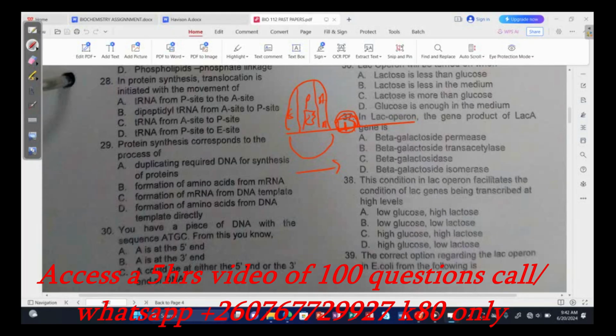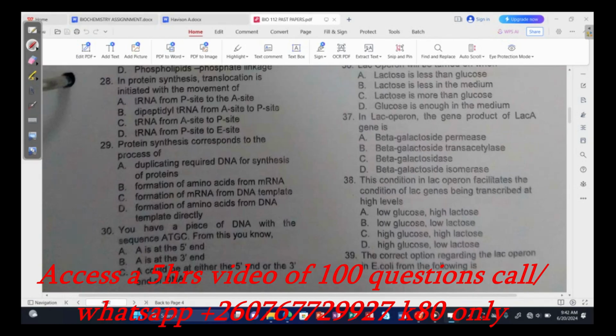This transfer RNA, which has already delivered an amino acid, is now going to find itself in the E site. Hence, it will leave the ribosome through the exit site. That is translocation. The ribosome will move one codon forward, thereby allowing the uncharged tRNA, which has already delivered an amino acid, to find itself in the exit site and leave.